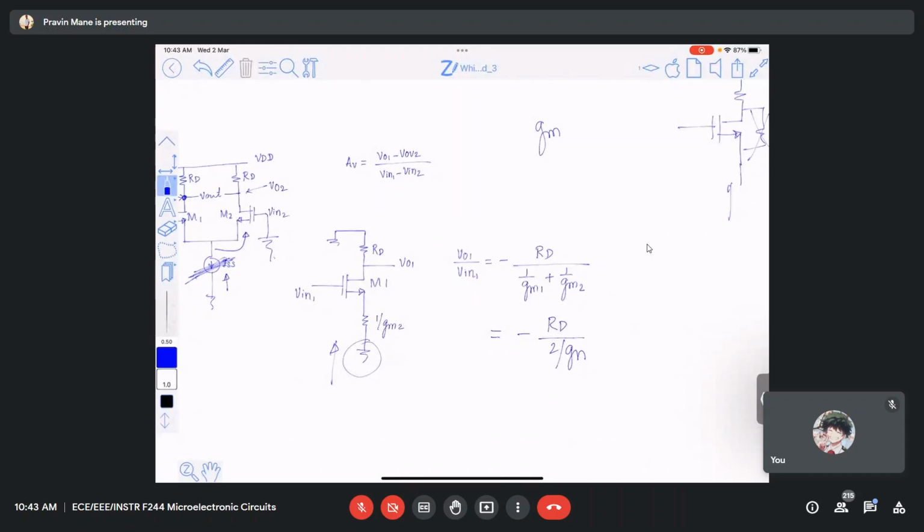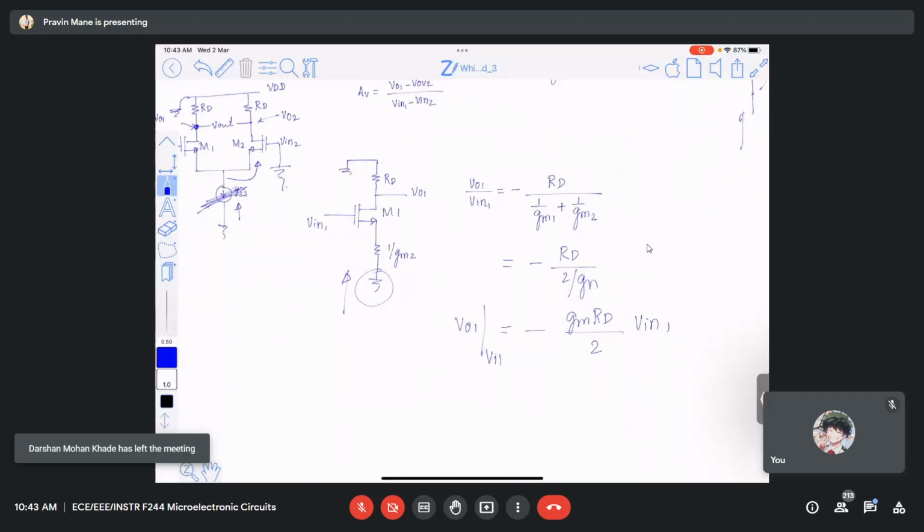DC or AC current? DC current, and the DC current in both transistors is the same. So it becomes 2 by GM. So the value is minus GM RD divided by 2 is VO1, multiplied by Vin1. This is the output voltage because of Vin1.